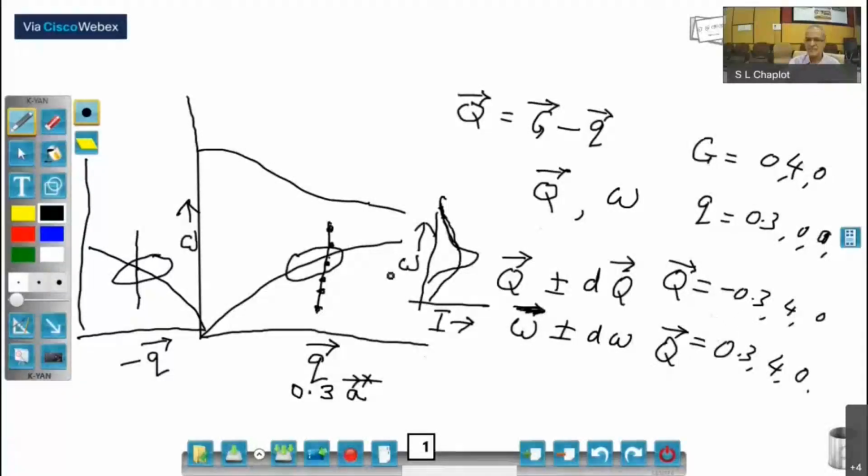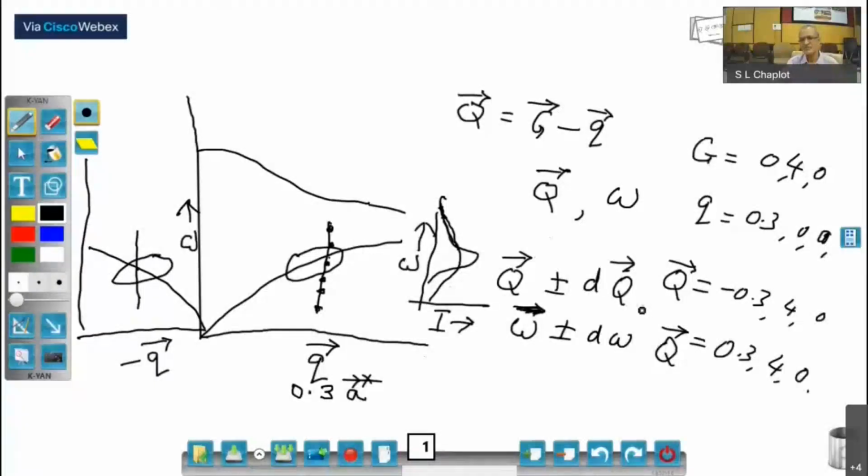In one case you may get a very narrow peak in omega; in the other case, you may get a very broad peak. So the resolution function plays a very important role in making phonon measurements. We call one of these settings a focusing geometry and the other a defocusing geometry, and therefore this is very important.